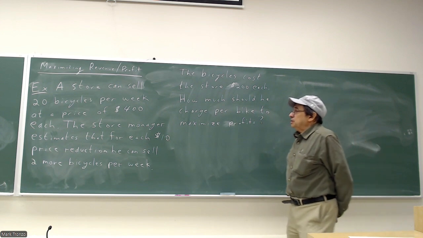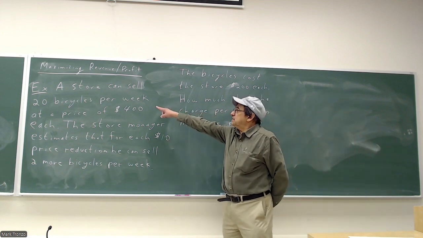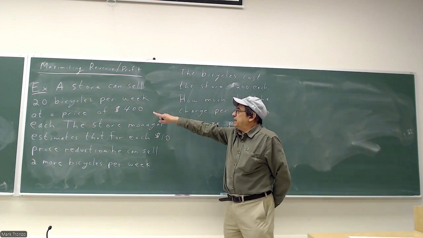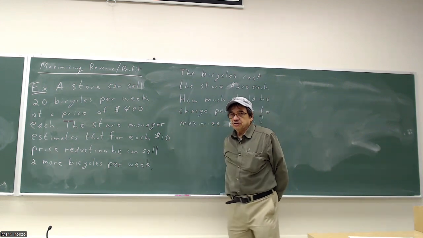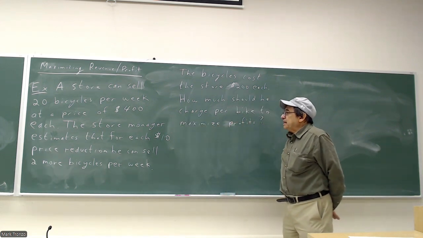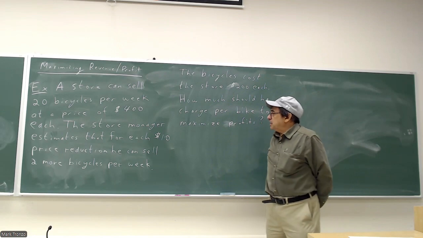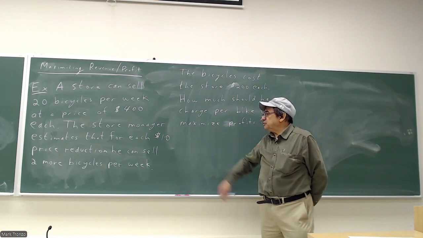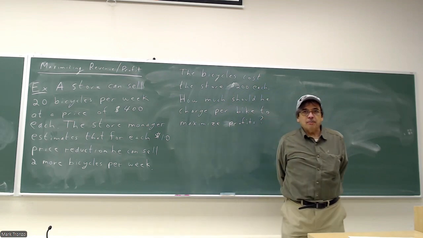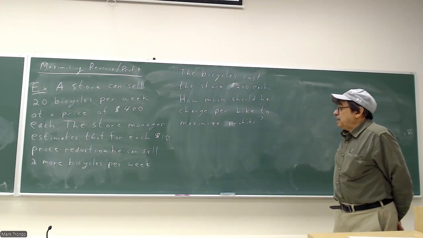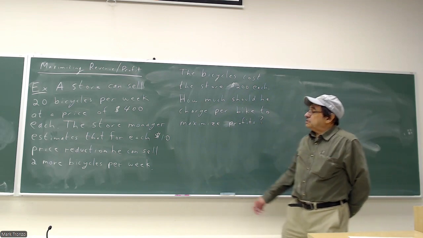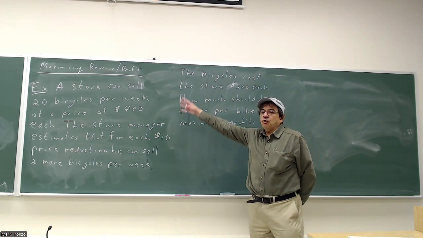The question here is: a store can sell 20 bicycles per week at a price of $400 each. The store manager estimates that for each $10 price reduction, he can sell 2 more bikes per week. If we wanted just revenue, that's all we would need.